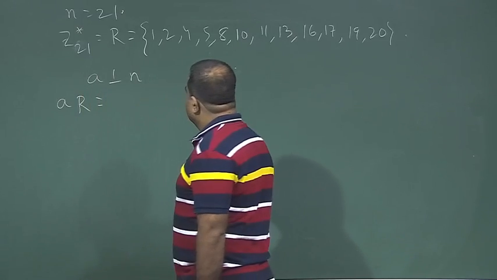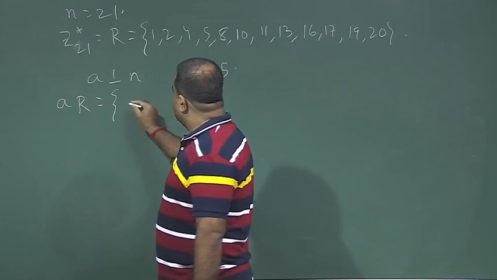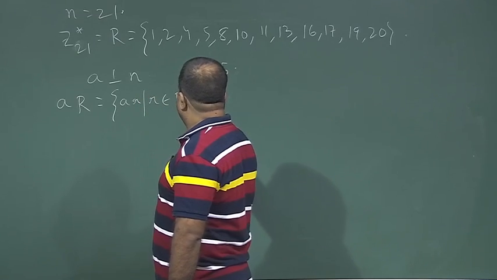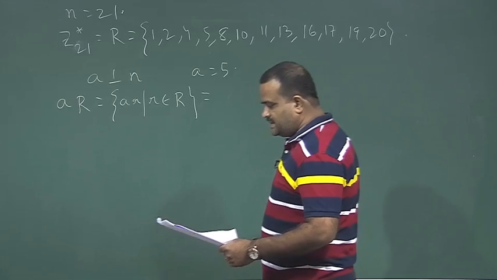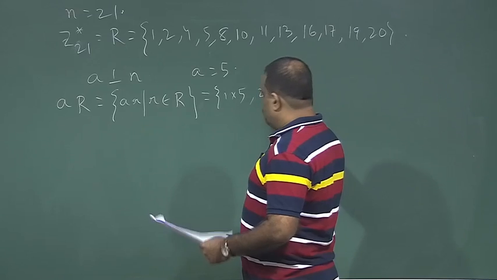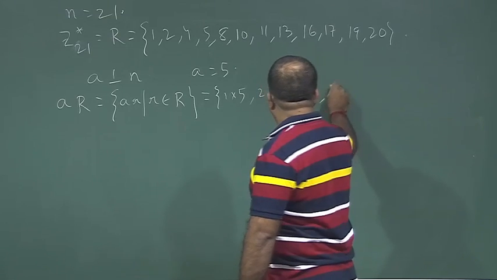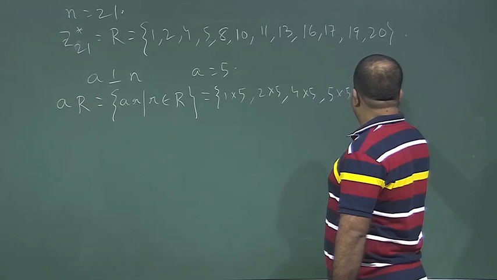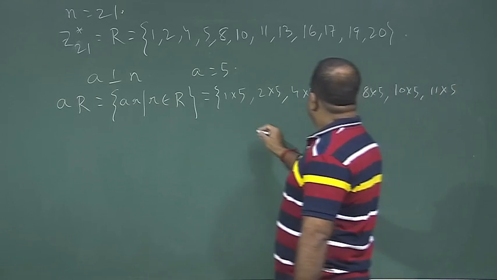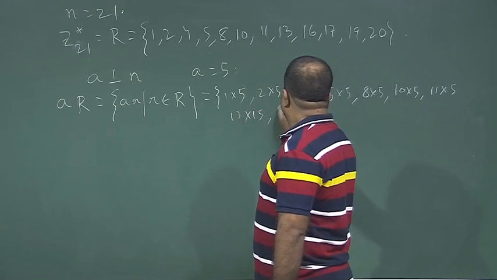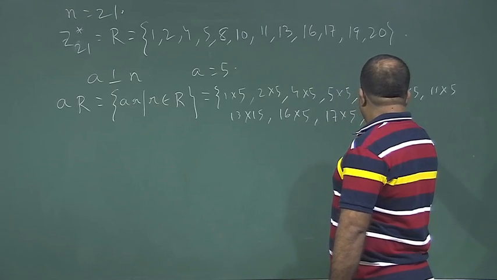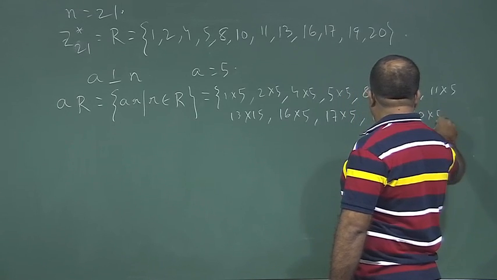AR is basically the set of all a times r, where r is coming from this capital R. For this example, it is 1 into 5, 2 into 5, 4 into 5, 5 into 5, 8 into 5, 10 into 5, 11 into 5, 13 into 5, 16 into 5, 17 into 5, 19 into 5, 20 into 5.